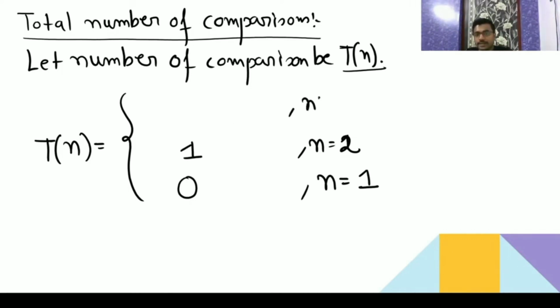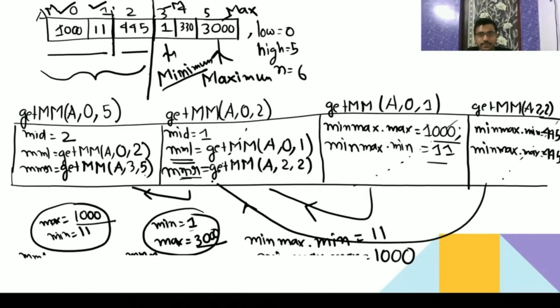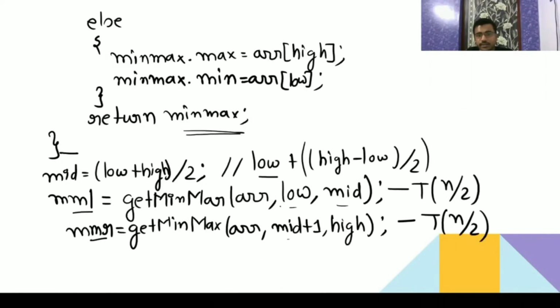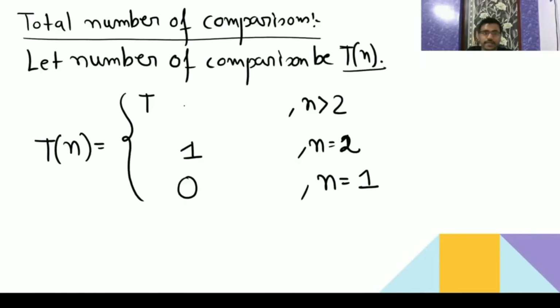Now, if n is greater than two, then we are doing this call and this call. So for input n, if it was T of n, then it is T of n by 2 for one call, and it will be floor, because one is going to be floor and another is going to be mid plus 1, so that is going to be ceiling of n by 2.